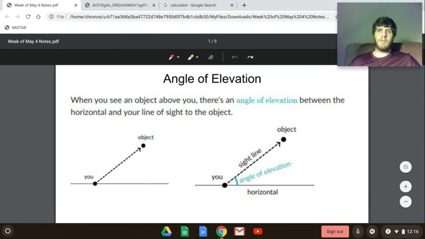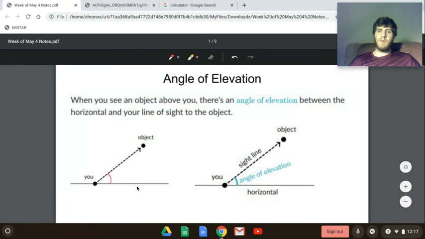So elevation, like on an elevator, you're going up, and the other one's angle of depression, which means you'd be going down. So we have basically an observer. It could be you, it could be another person, it could be a plane, a boat, some sort of observer. And then there's an object. So if the observer is looking up at the object, we're going to have an angle of elevation.